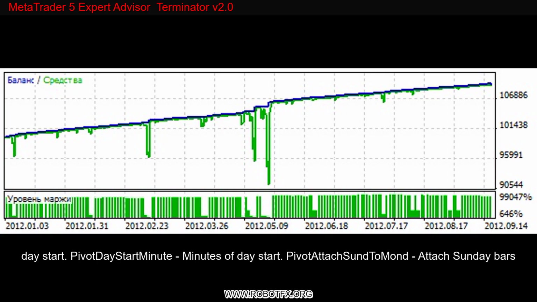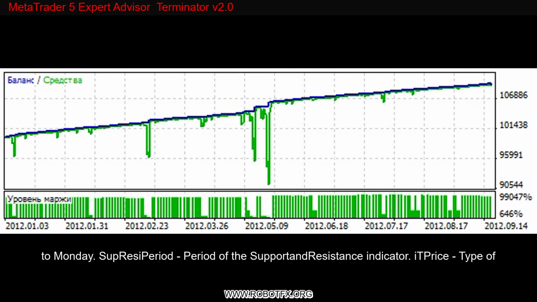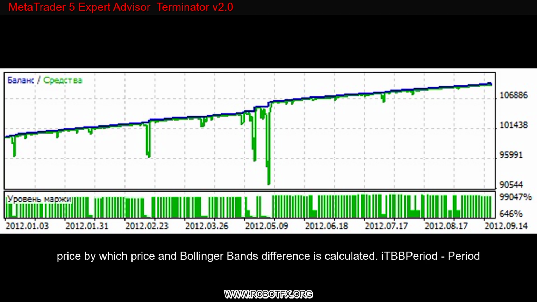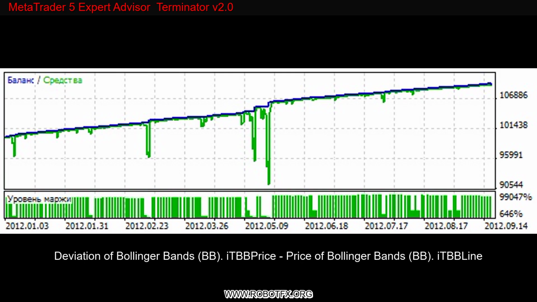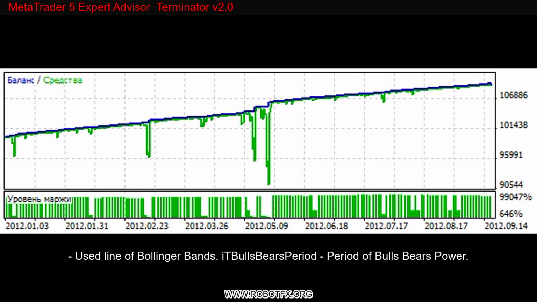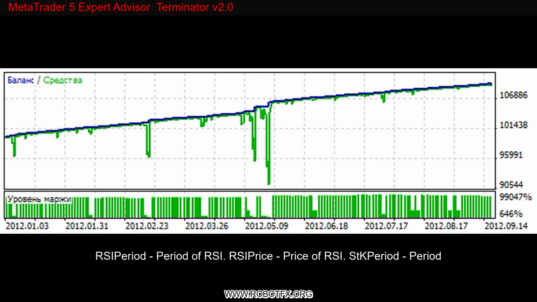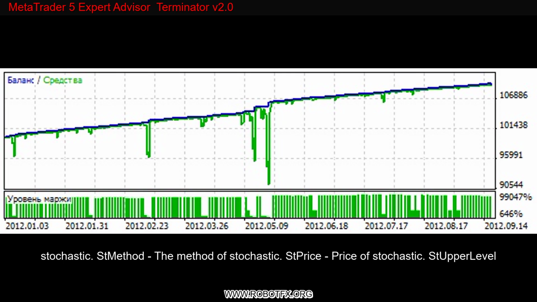St K period of stochastic, St D period of D stochastic, St S period of S stochastic, St method the method of stochastic, St price of stochastic, St upper level of stochastic, St lower level of stochastic. MFI period of MFI, MFI volume of MFI.